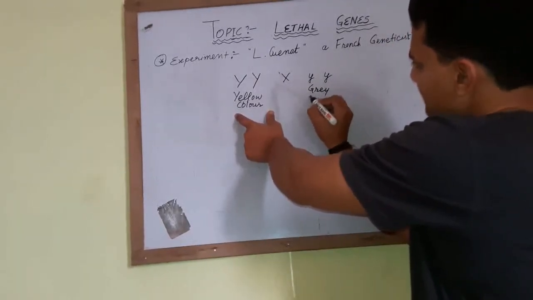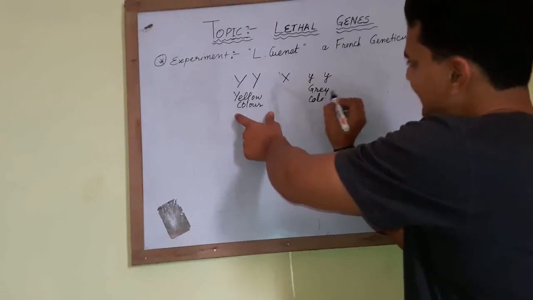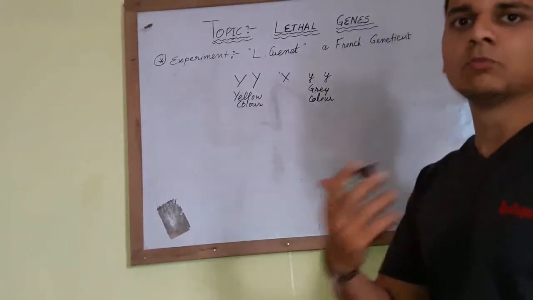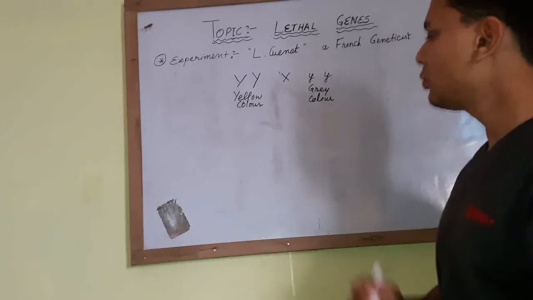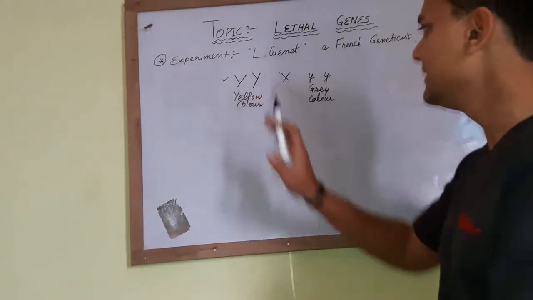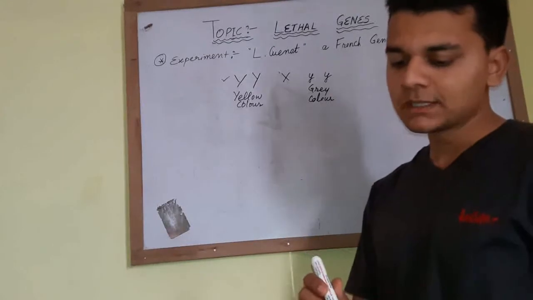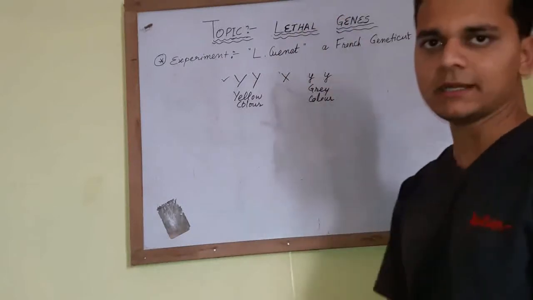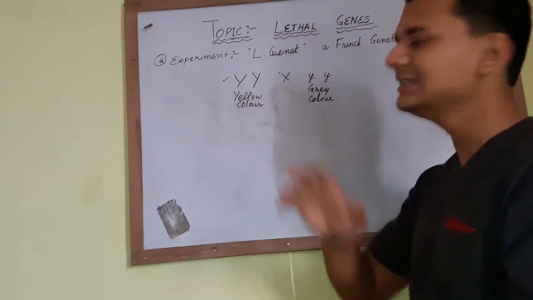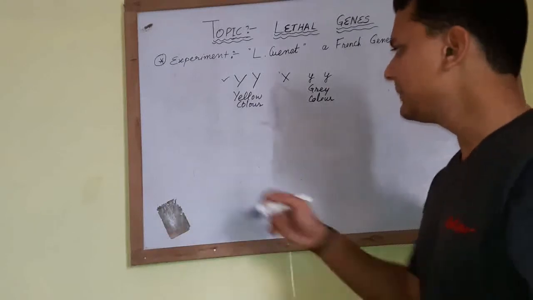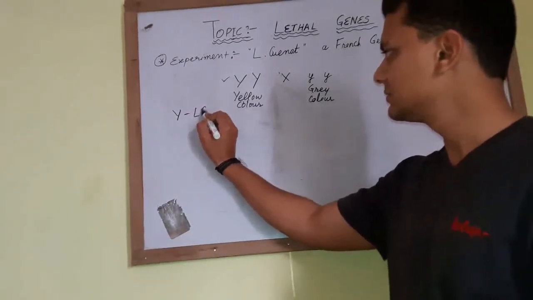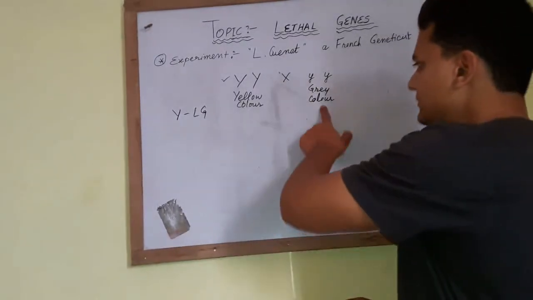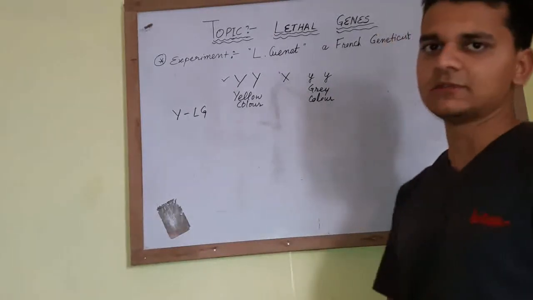The scientist crossed the two mice to learn more. The yellow colored dominant agouti mouse carries a lethal gene. Capital Y denotes the lethal gene. This is the point to remember. He crossed the two mice to see the consequences of the lethal gene.